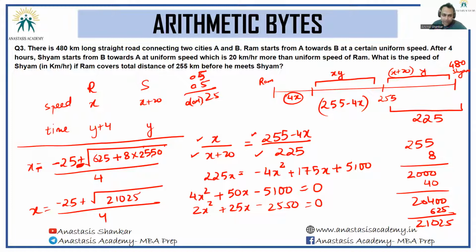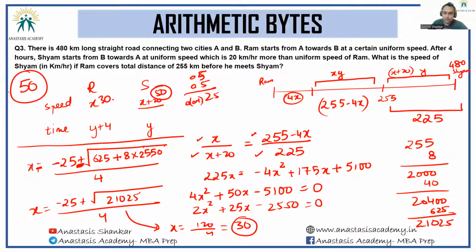So 145 minus 25. x from here will be equal to 120 by 4, or x will be equal to 30. So x is 30. So now what was the question to us? What is the speed of Shyam in kilometer per hour? Shyam's speed is x plus 20. So Shyam's speed should be 50.